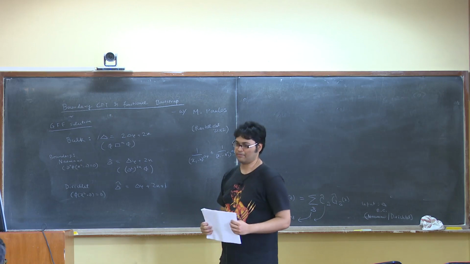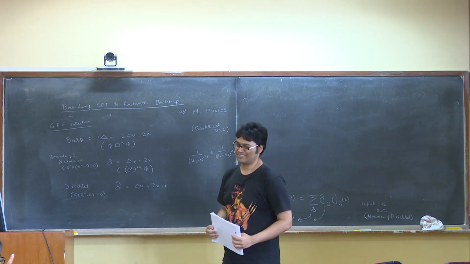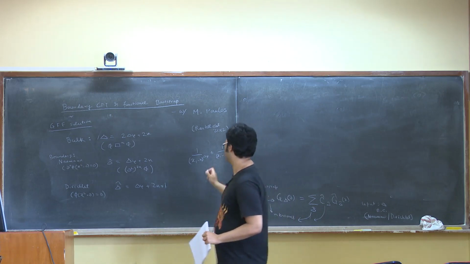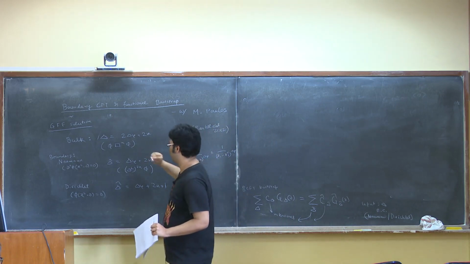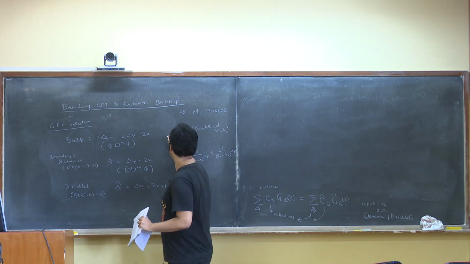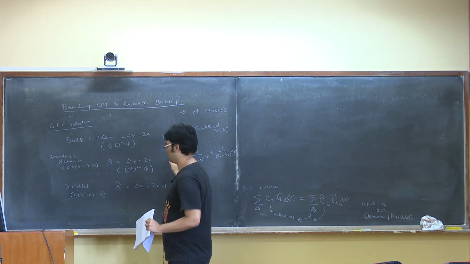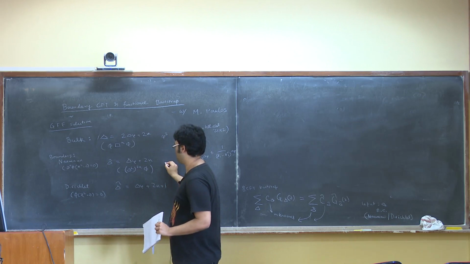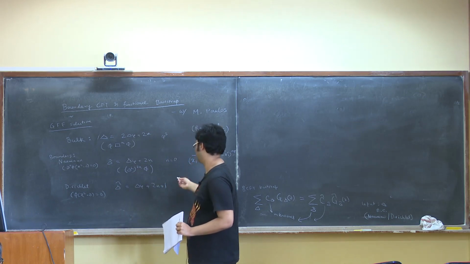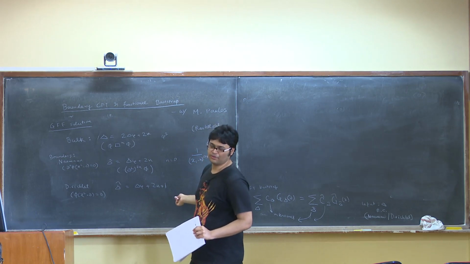Then the bulk has only one operator, phi square. Here I think for Neumann I'll just have n equal to 0, and here also just n equal to 0, if I remember correctly.